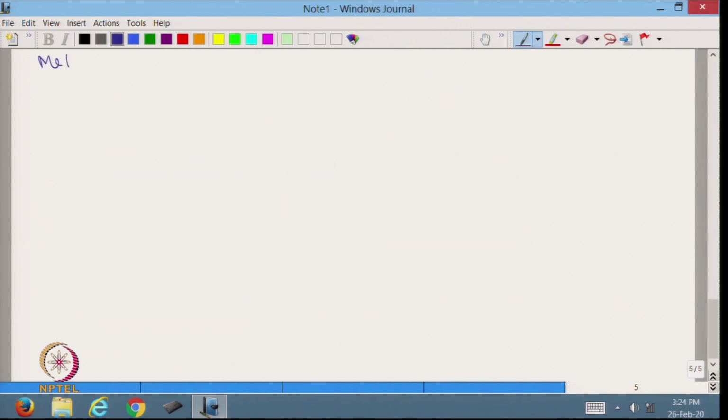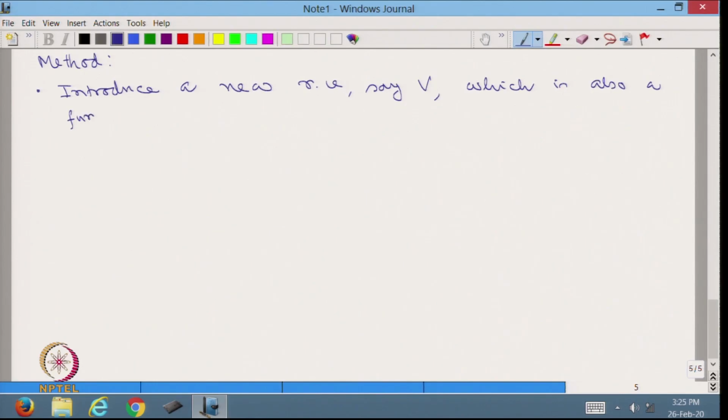So, the method: introduce a new random variable, say v, which is also a function of x and y.